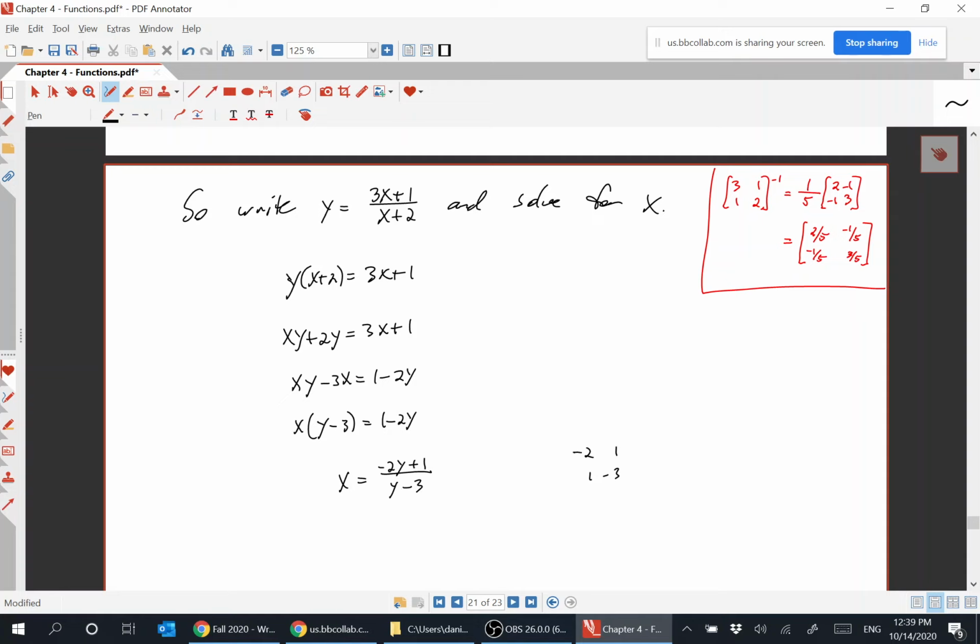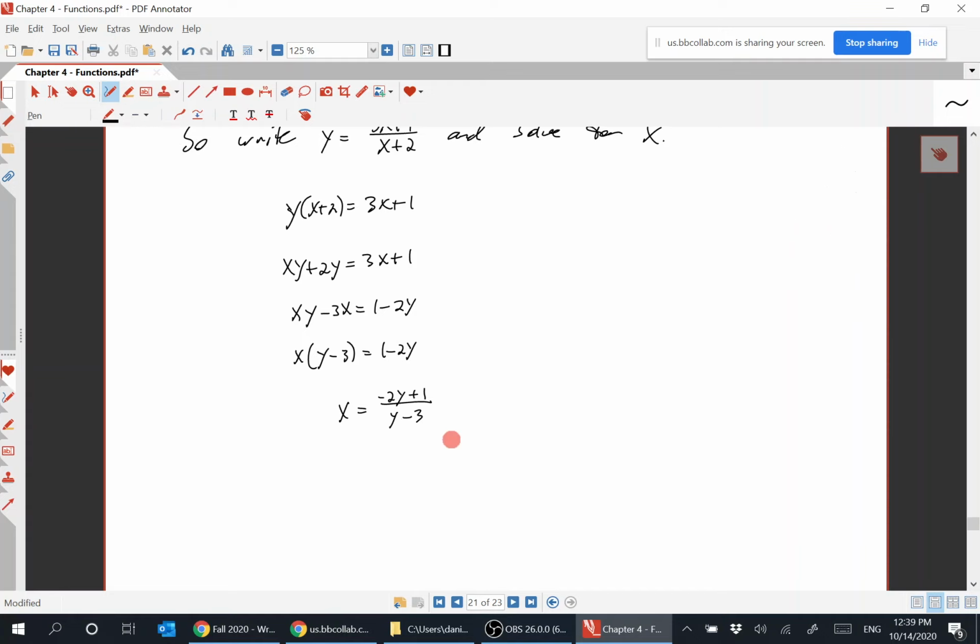The determinant of this is 6 minus 1 is 5. Well, I'm going to have to think about that some more. I thought it was supposed to be the inverse matrix. Sorry for that. Anyway, it does have something to do with it.